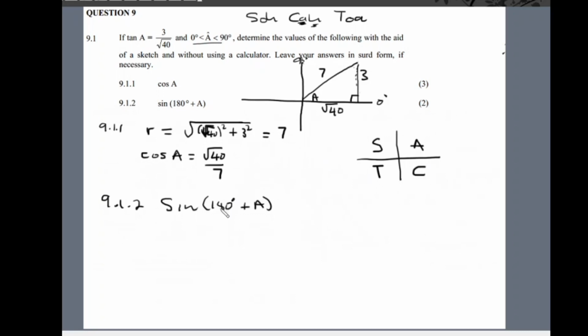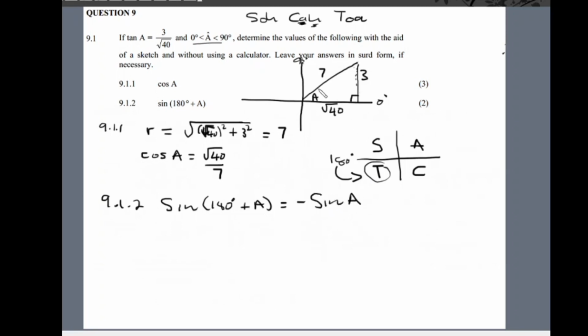Now we want to evaluate the sine of 180 degrees plus an angle A. 180 degrees plus an angle will throw us in the third quadrant where only tan will be positive. From this diagram we see that sine will be negative in this quadrant. So applying the reduction formula here, we will have negative sine A, right?